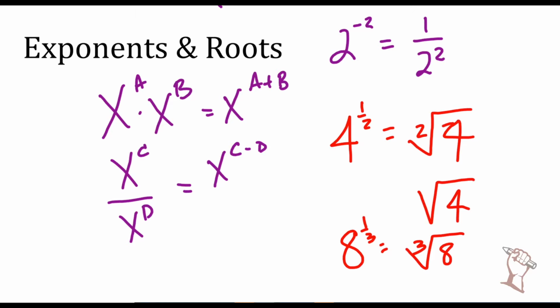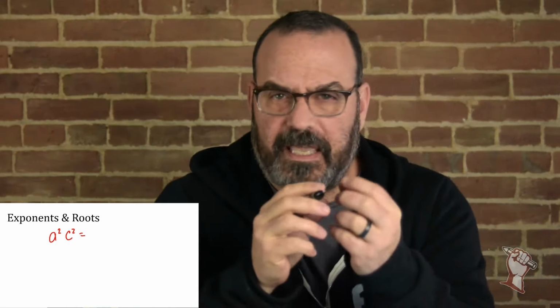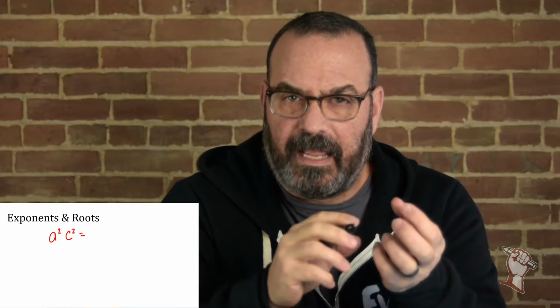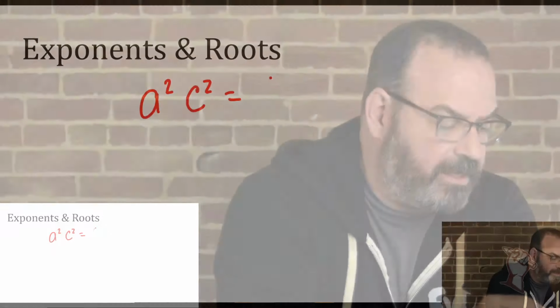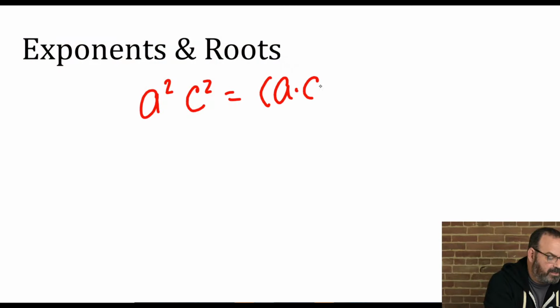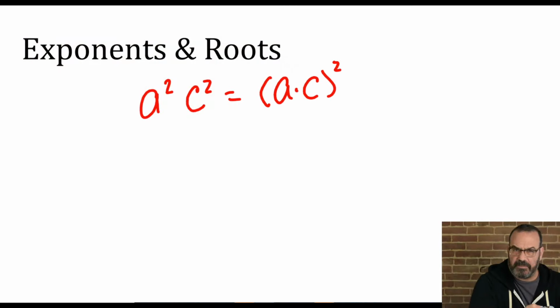What are some of the things they do with exponents? Well, exponents can be distributed and factored out. So a squared times c squared is equal to a times c quantity squared. Let's prove this.